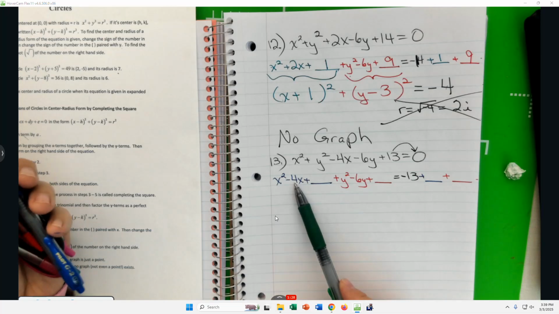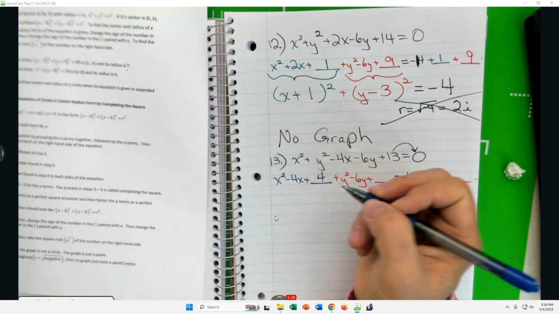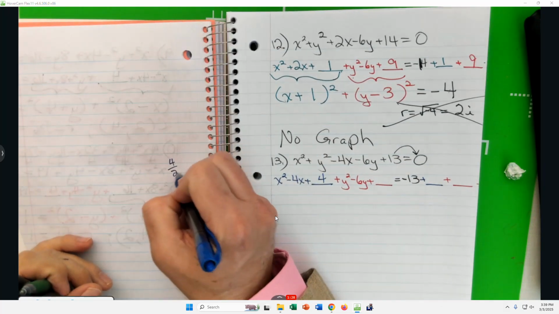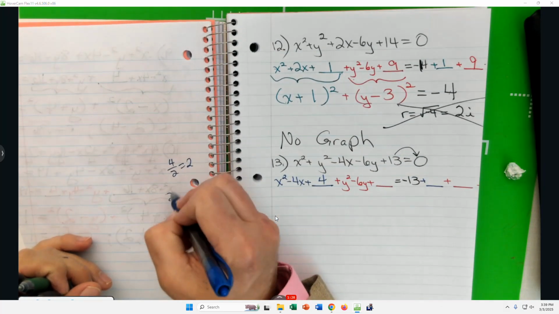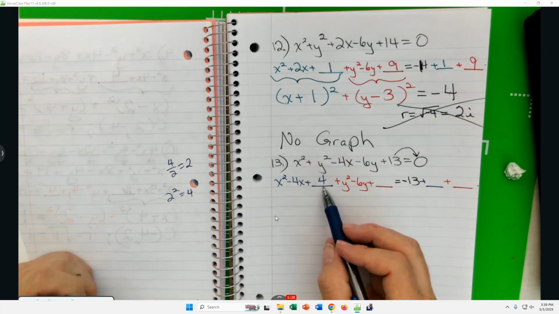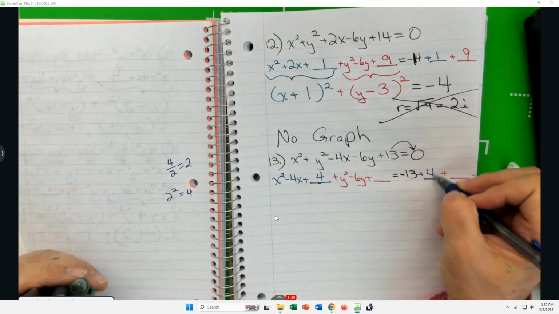Half of 4 is 2. 2 squared is 4. Y'all following my mental arithmetic? You take half of 4 is 2. Then you square it. 2 squared gives us 4. So 4 goes on the left-hand side. It also goes on the right-hand side.